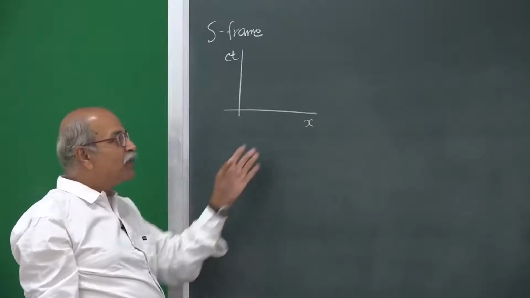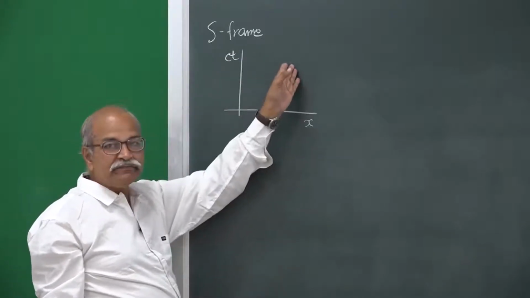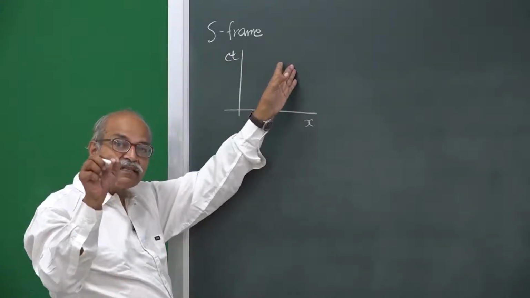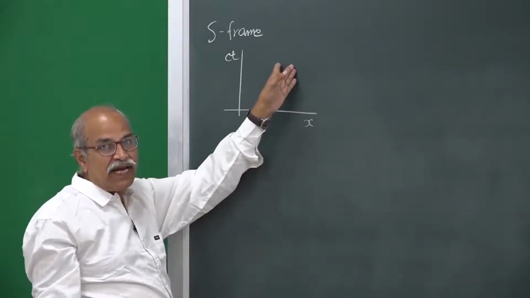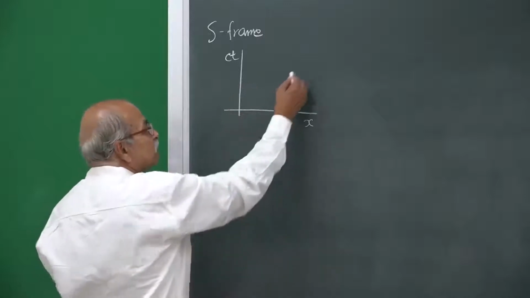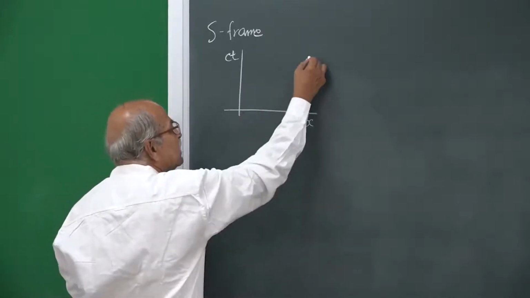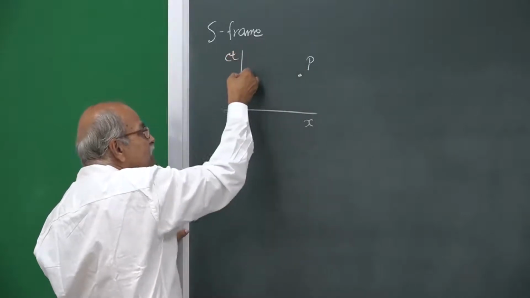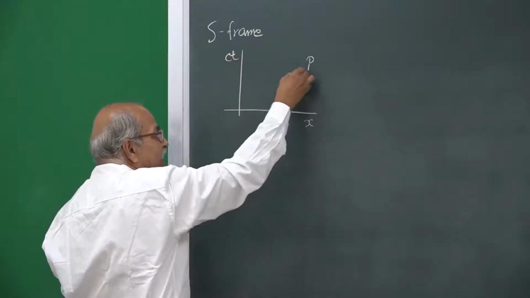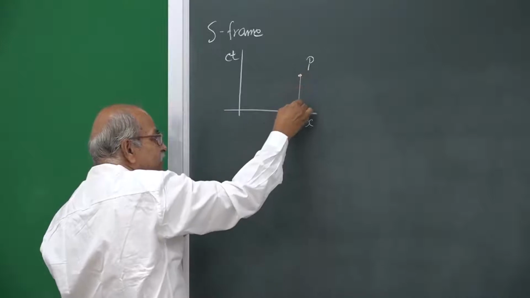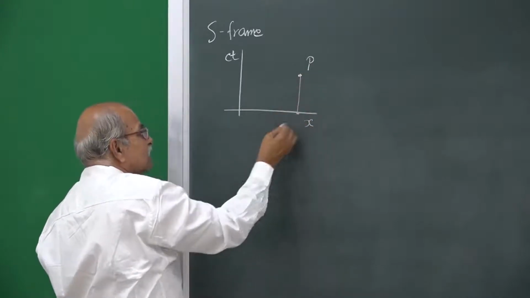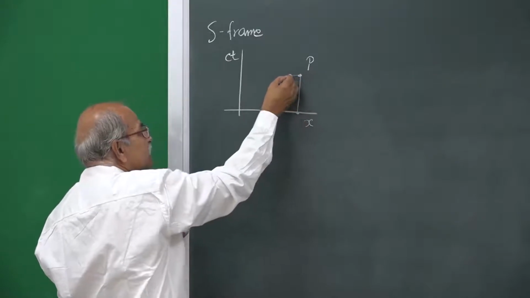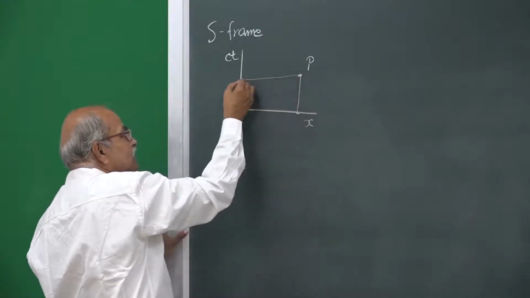Any point on this diagram corresponds to an event which occurs at a certain point on the x axis and at a certain time. So, if this is that representative point P, what do you do? You draw a line parallel to the CT axis and you reach here, and then draw a line parallel to the x axis like this, and you reach here.